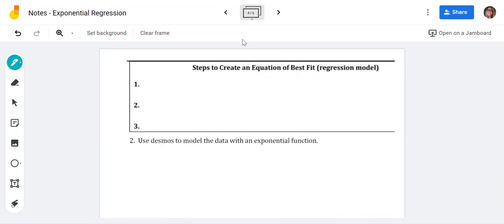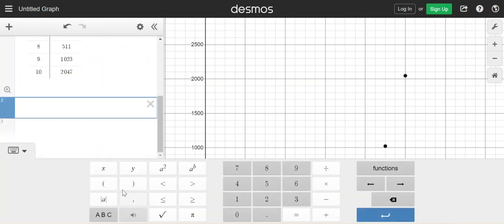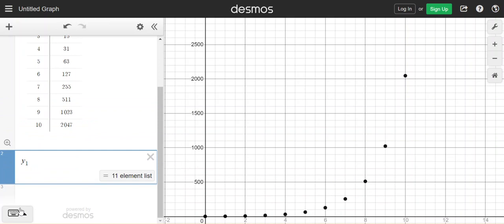So, steps to create an equation of best fit for exponentials. First, we're going to input the data. Click the plus, then table, like we just did. Our formula for exponential regression is y1 squiggle a times b to the x1 power. I'm going to go ahead and put that in.